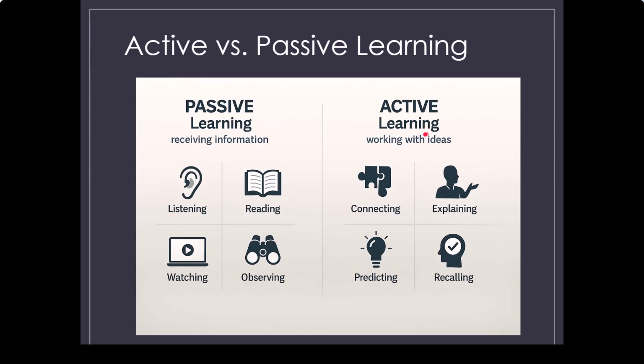On the right, we see active learning. It's any time students are asked to do something with the content connected to ideas or knowledge they already have. Explain it to someone. Maybe predict what might happen next, or recall information they've encountered previously.